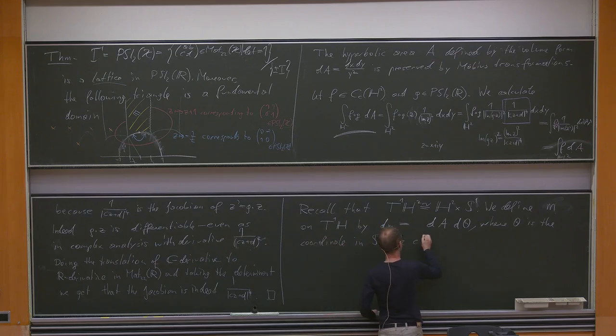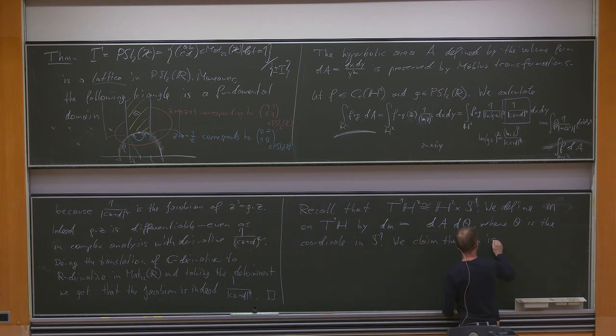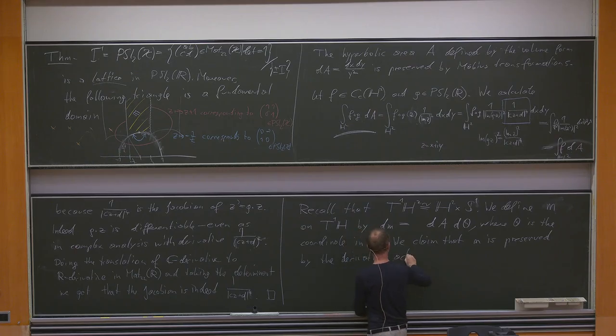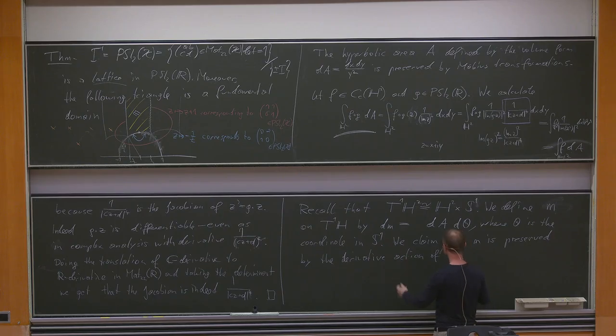We claim that m is preserved by the derivative action of Mobius transformations g in PSL2R.